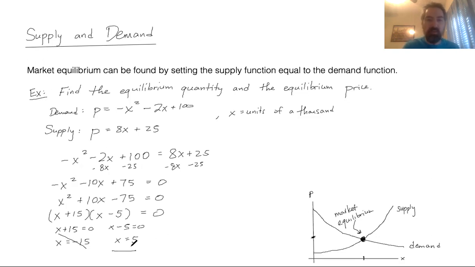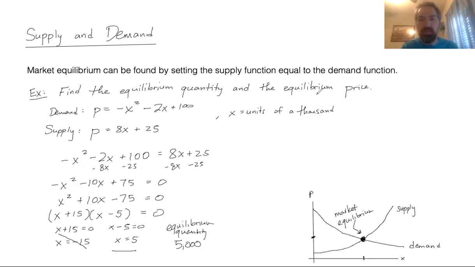So I get x equals 5, but in terms of the actual problem, the equilibrium quantity is 5,000 units. That would be 5,000 units to reach that equilibrium quantity.